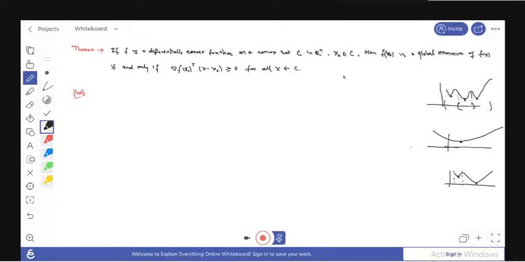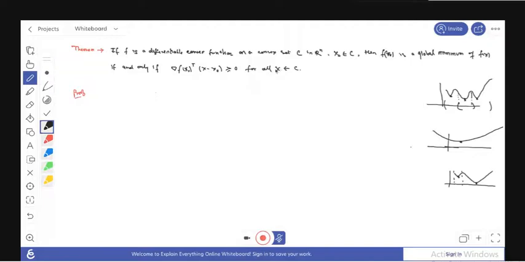Here we try to prove that if this function is differentiable and this condition is satisfied for all x belonging to the convex set C, then x naught is the minimum value in that set. At the point x naught, for all x belonging to C, x naught is the minimum value.